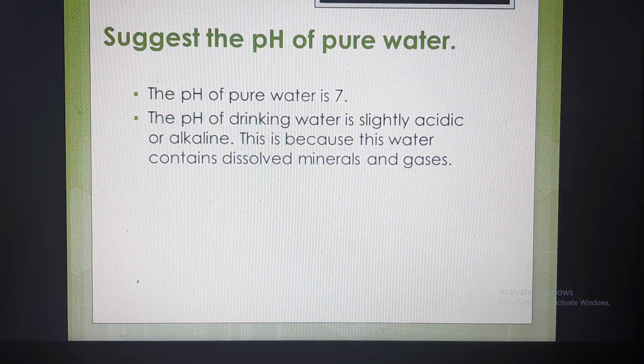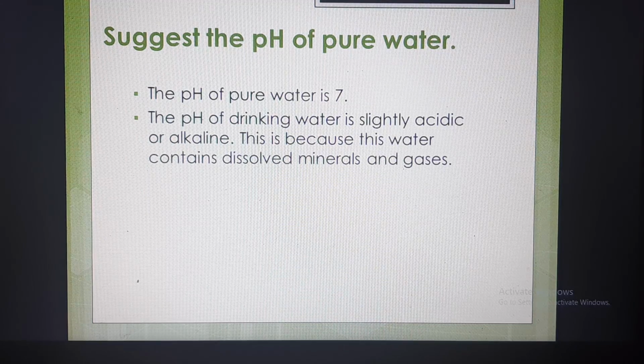Next, suggest the pH of pure water. We know pure water has a pH of 7. Pure water means only water molecules are there; nothing is added. So the pH of pure water is 7. But drinking water, although it is pure, has some minerals and gases added.